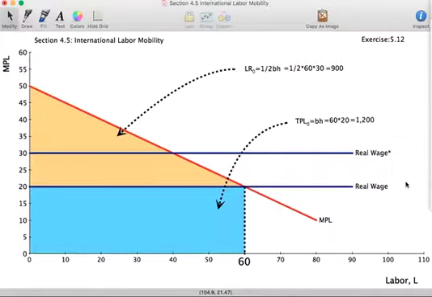So the new equilibrium quantity of labor is going to be where the real wage rate intersects the marginal product of labor. So where they intersect one another, if we go straight down from that point, and let me actually change the color of that to be a little more consistent.